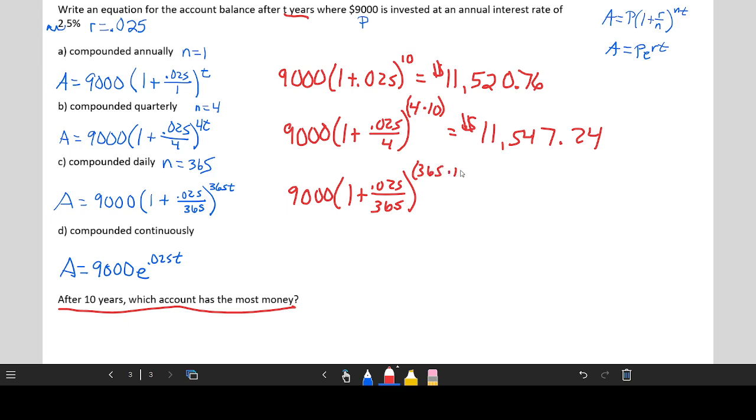Again, you can figure out 365 times 10 first, or you might need parentheses around that. And then for the last one, it's just 9,000 times e to the 0.025 times 10.